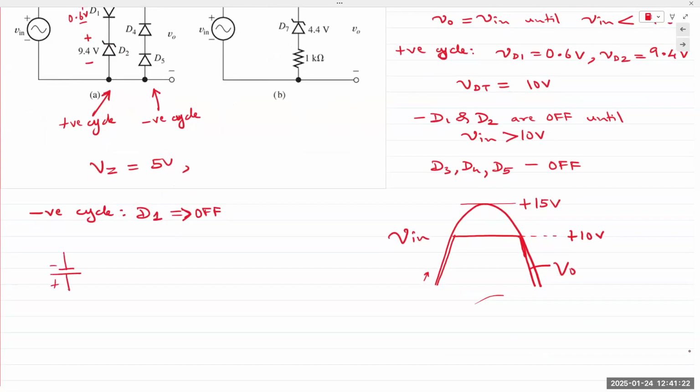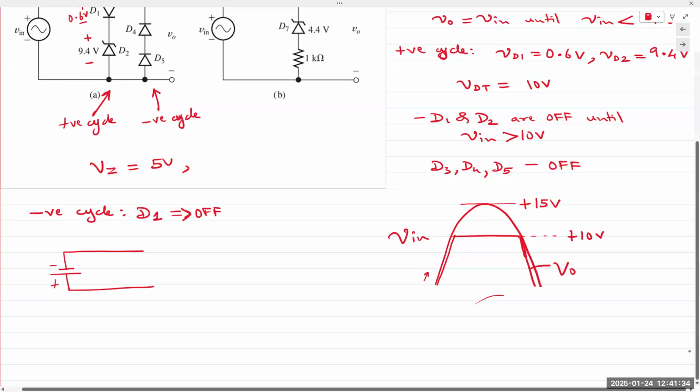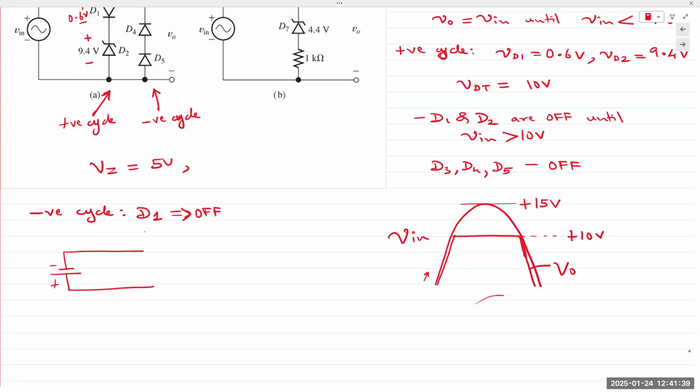We have positive here, negative here, and we have these three diodes. Each of these diodes is now forward biased because the anode is connected to the positive. So all three diodes, D3, D4, D5, are forward biased and are on.